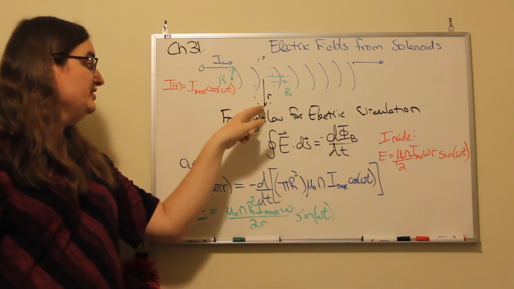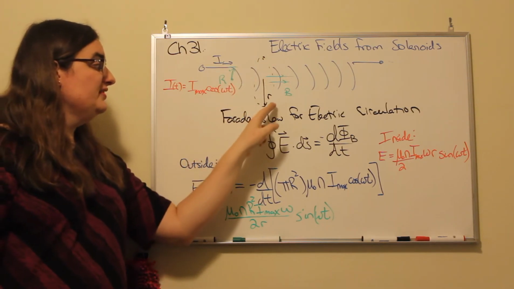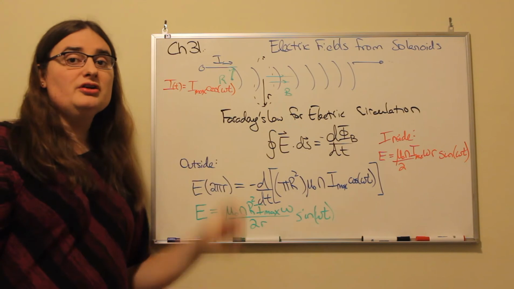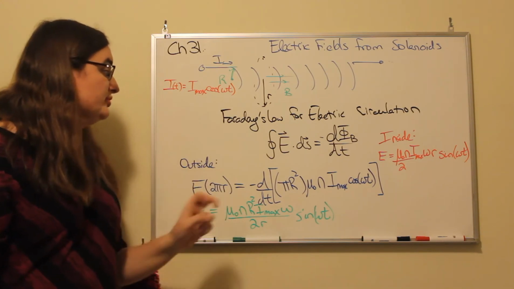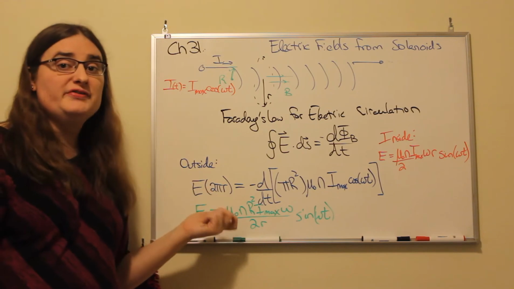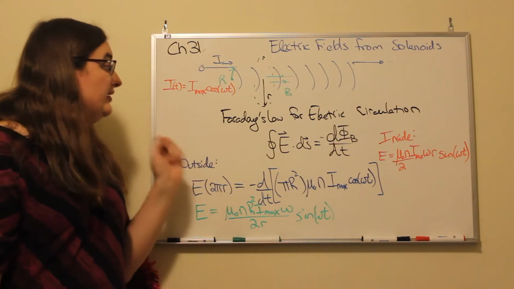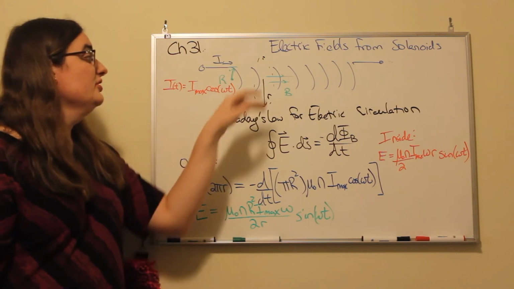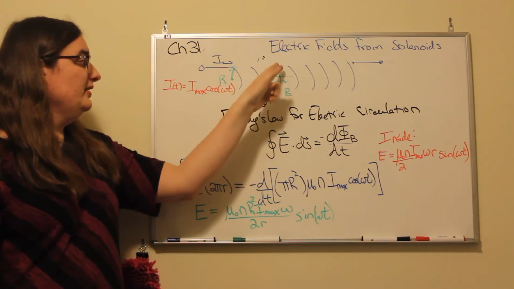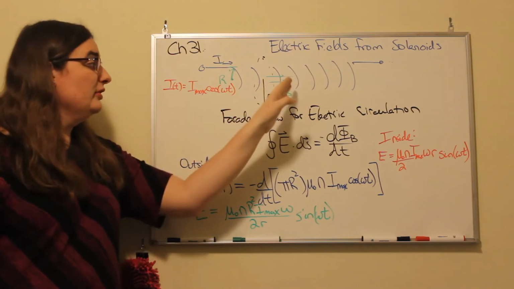So our electric field, because of symmetry, should be the same all along the circular loop. So our circulation would just be the electric field times the circumference of our loop, 2 pi times our radius little r. Now for our change in magnetic flux, our magnetic flux would be our magnetic field dotted with the area, summed up over all of the area.